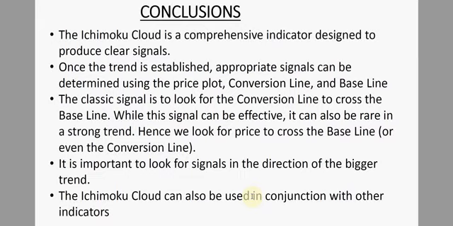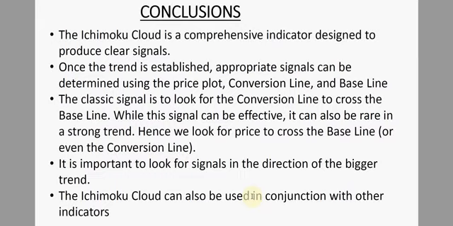So guys, this is the Ichimoku system. You can practice it in conjunction with any other indicators. There is no harm in it. It is well developed and well adjusted to different market conditions. You can use it in forex, you can use it for stocks. In fact, it is designed for stocks, but it has been imported into forex trading.